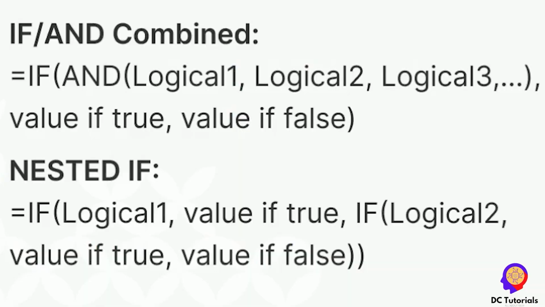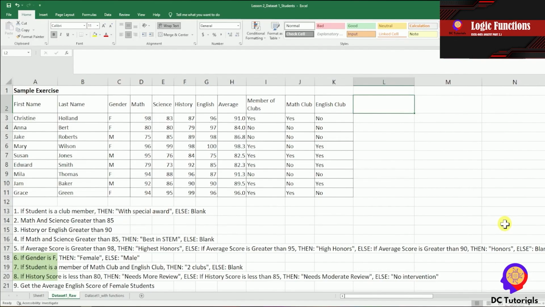We can also write multiple IF statements in Excel. We call this nested IF. Okay, so let's try this in Excel. To write nested IF statements in Excel, we have to replace our false value with another IF statement. So this is how we do it.